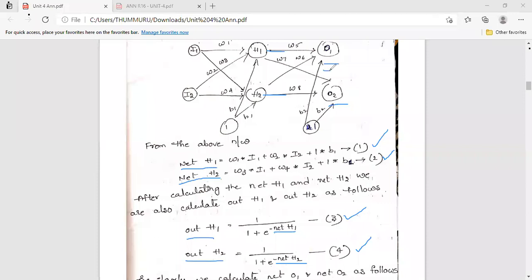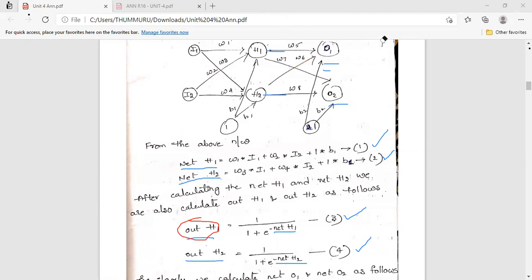Now, what is the input of O1? By observing this diagram, we can say that input of O1 equals W5 into output of H1, and W6 into output of H2.